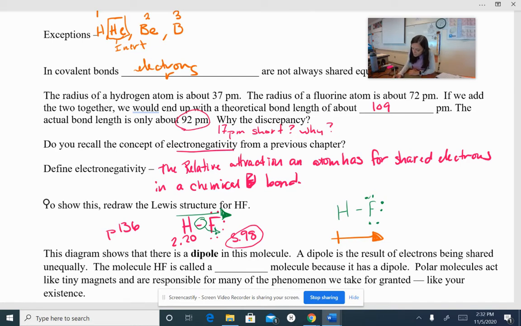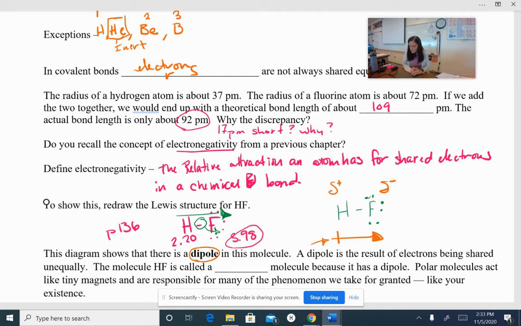So when we're all done, we're going to have poles on here. Hydrogen's going to have a partial positive charge, and fluorine is going to have a partial negative charge on this molecule. That diagram shows that there's a dipole in this molecule. This is a dipole. Okay?